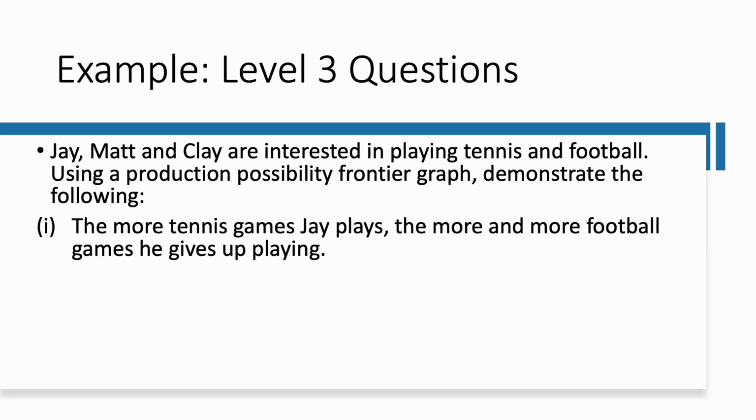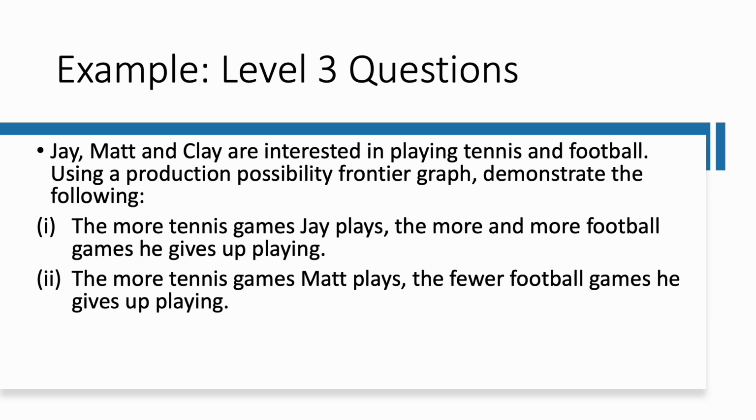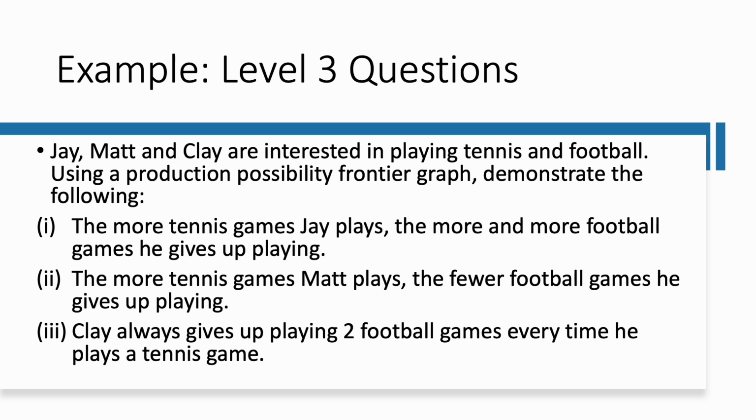The more tennis games Jay plays, the more and more football games he gives up playing. 2. The more tennis games Matt plays, the fewer football games he gives up playing. 3. Clay always gives up playing 2 football games every time he plays a tennis game.